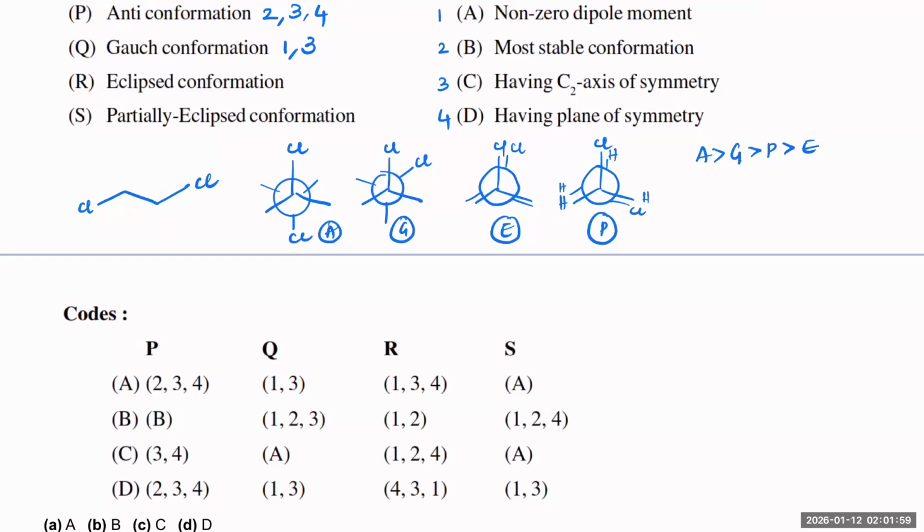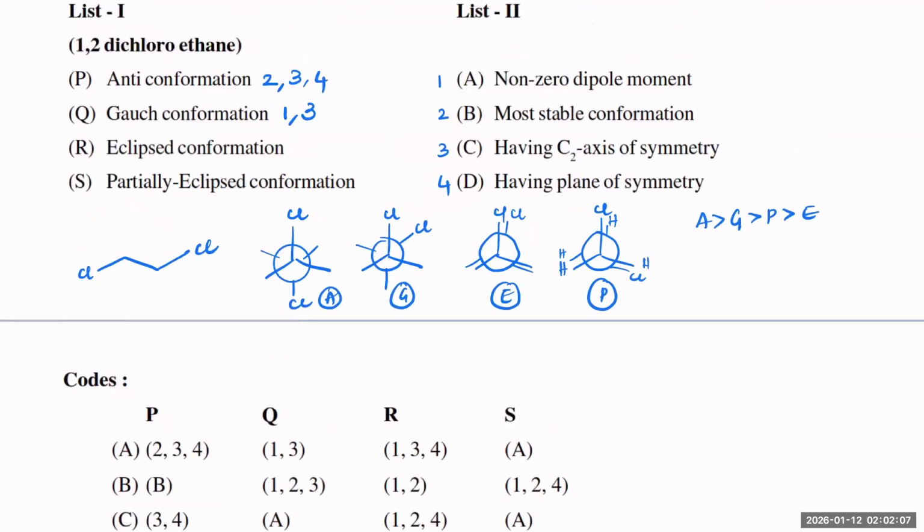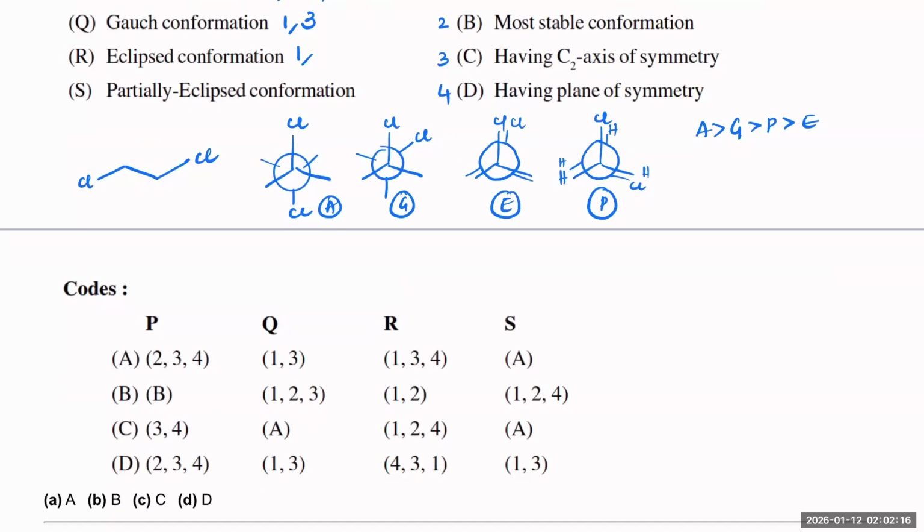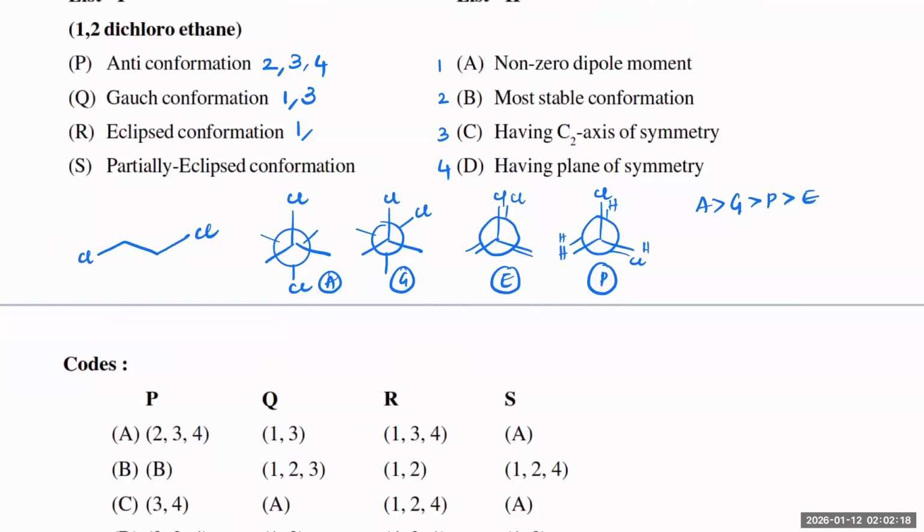Next, if it comes to the eclipsed conformation, this one is the conformation here. Does it have non-zero dipole moment? The answer is yes. It still has a non-zero dipole moment here. Correct. Next, is it more stable? No. Does it have a C2 axis of symmetry?